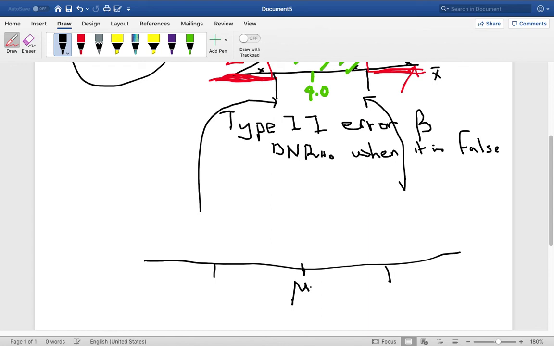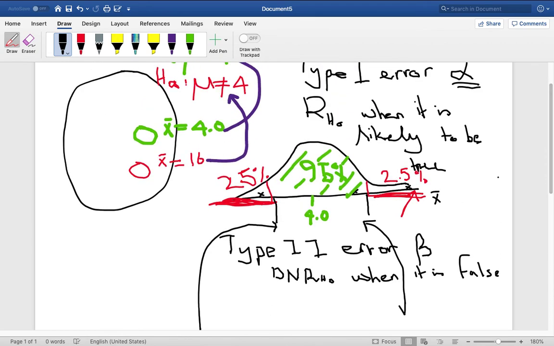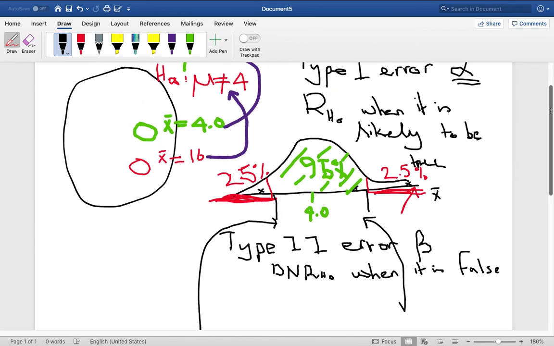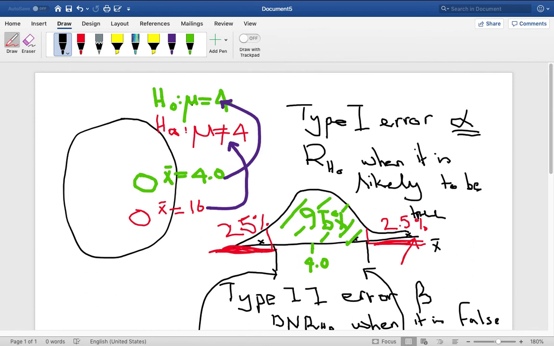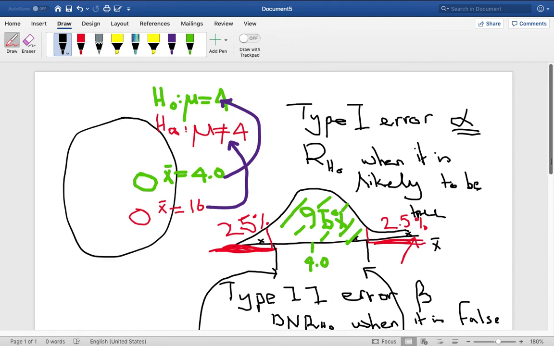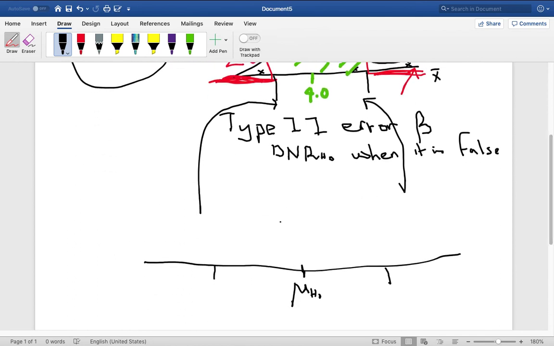Let's call it mu of H0. So mu of H0 in our case is the mean up here, which is 4. So mu of H0 is just the hypothesized mean. Remember, this is going to be in here, the do not reject H0 zone.